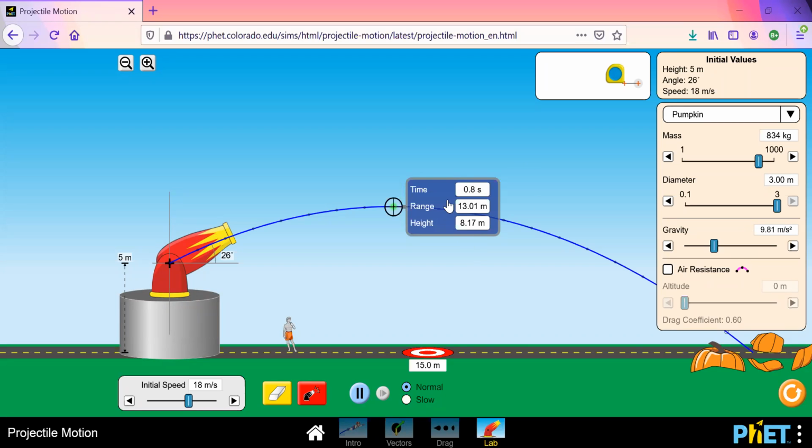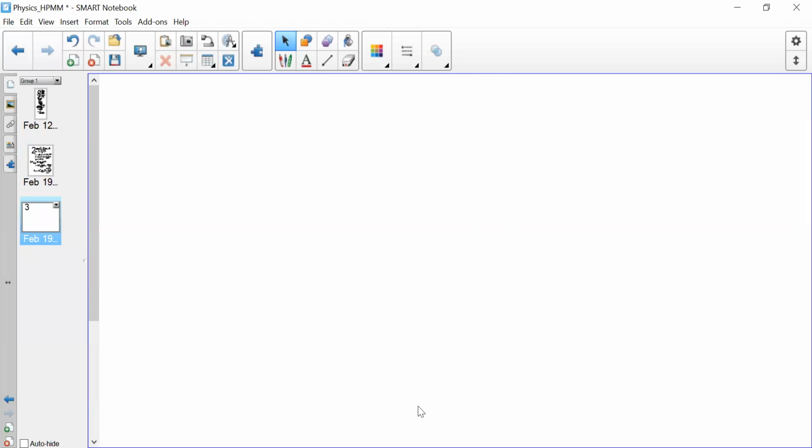So let's take a look at how to deal with that. Okay, so then our vertical height project.